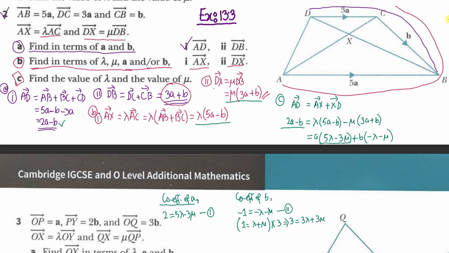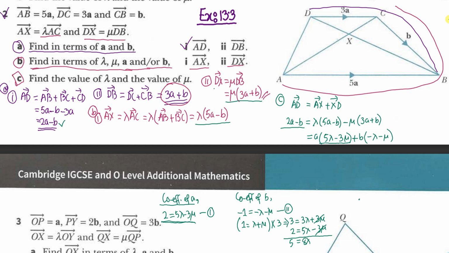Now put the first equation below the second equation. I mean 2 equals 5 lambda minus 3 mu, and I took it from the left side. Now add these two equations together. We can cut out the 3 mu, and on the left side it gives us 3 plus 2 is 5, and on the right side 3 plus 5 is 8 lambda.